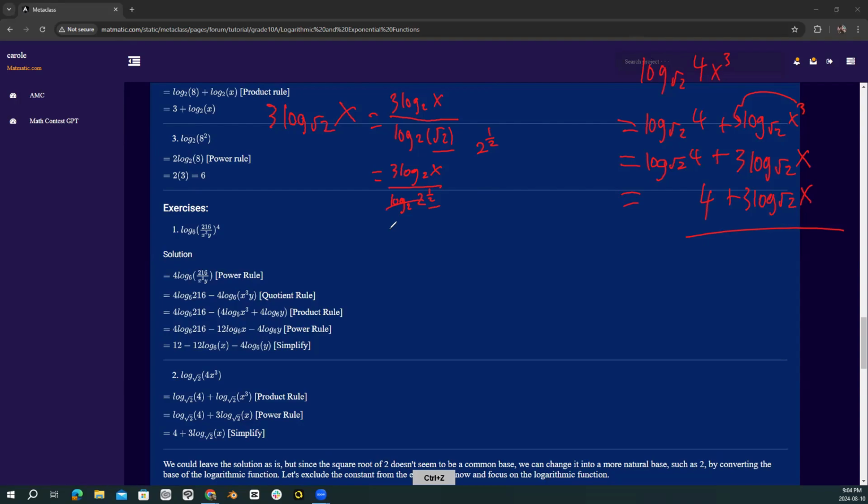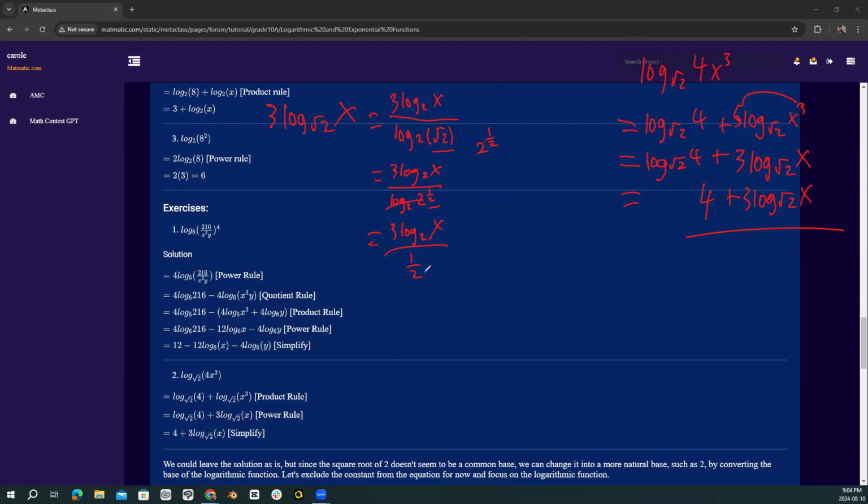Or we can just use the power rule to bring this over here. So we get 3 log base 2 of x over 1 over 2. And as you guys know, when you divide by a decimal that's less than 1, essentially you're just multiplying.